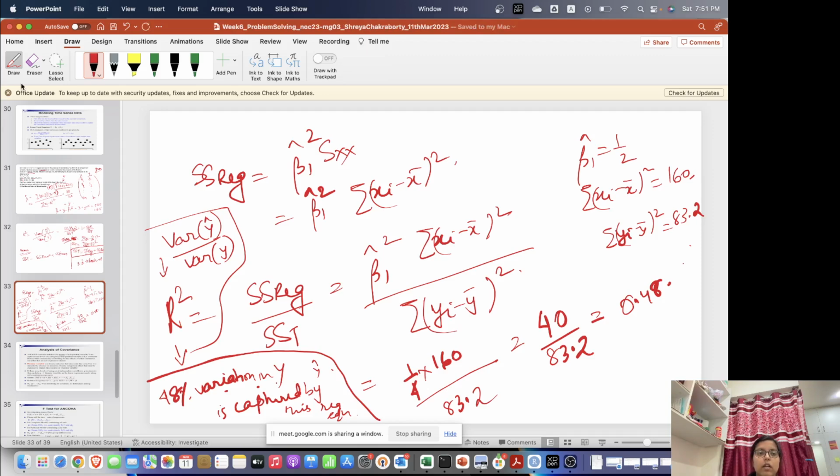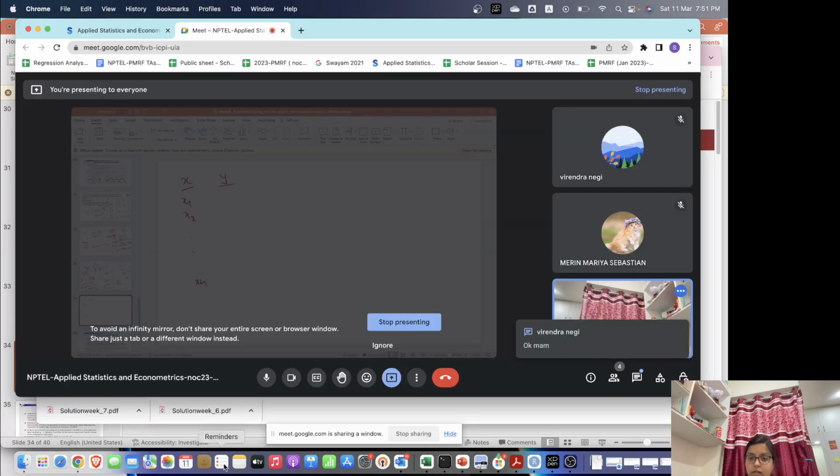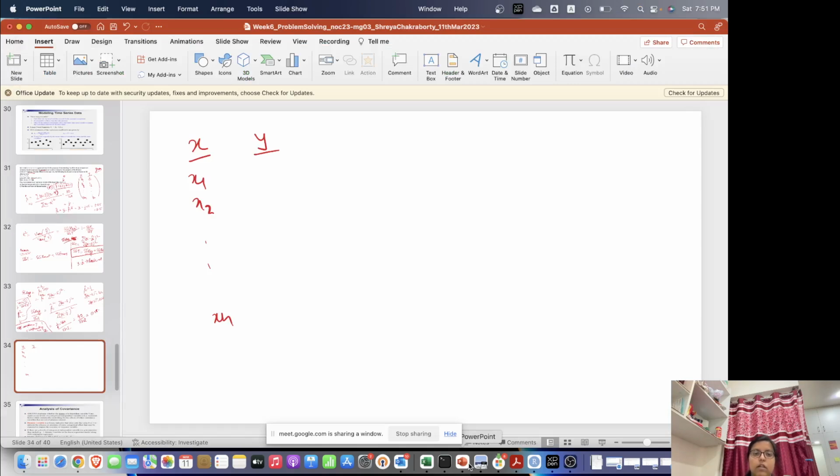Is it okay? Just to give a brief recap, if we have x values x1, x2, ..., xn and y values y1, y2, ..., yn, we have to compute beta 1 hat and beta naught hat.